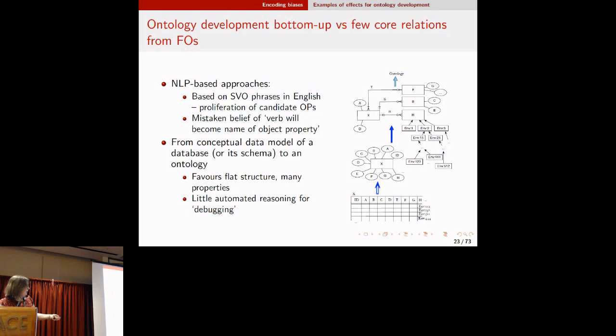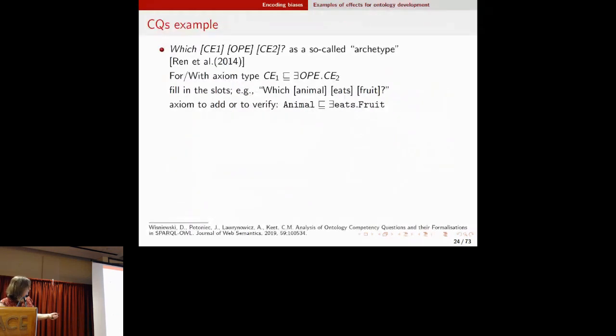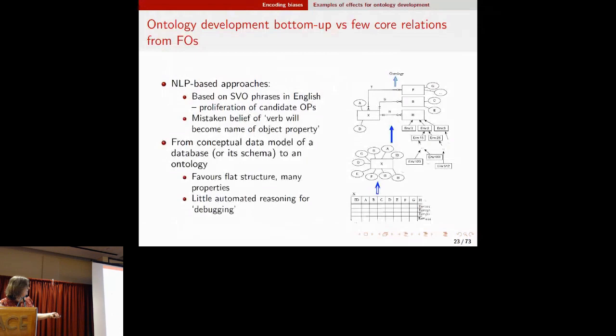A similar case is if you take conceptual data models, or if you have databases and you want to extract content for your ontology out of it. What you do is reverse engineer from your tables to a very flat structure. You may, based on the data, find certain relations, but then you still get a very flat structure.